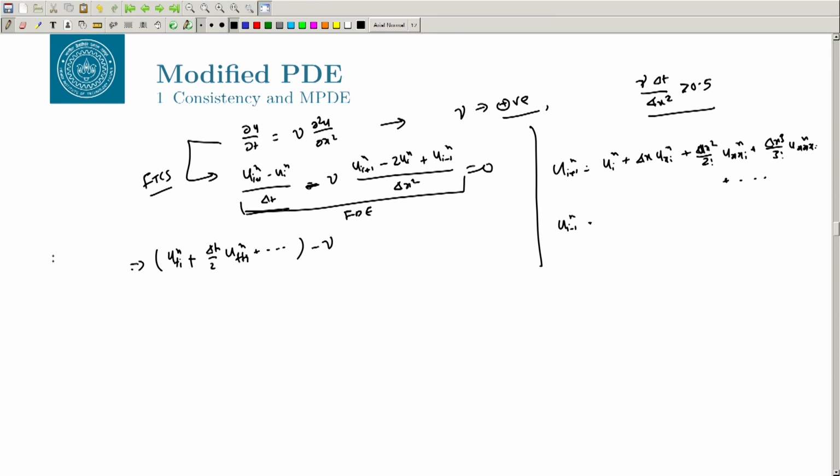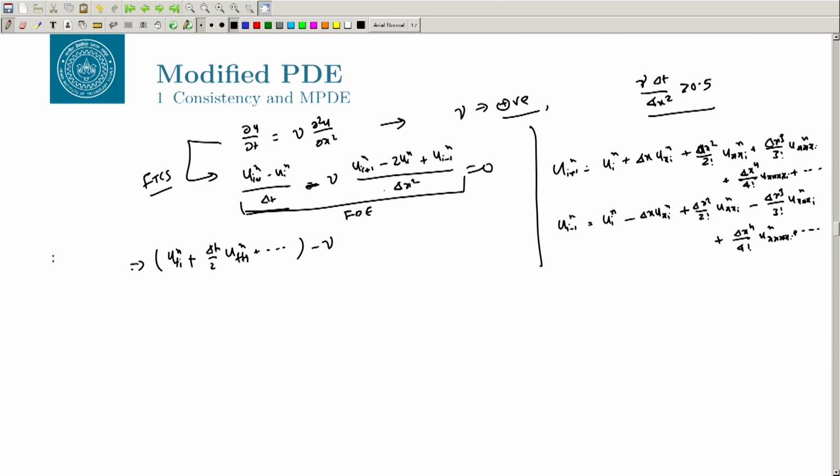And u_(i-1)^n will be u_i^n minus delta x u_x plus delta x square by factorial 2 u_xx minus delta x cube by factorial 3 u_xxx. I will write one more term, delta x to the 4 by factorial 4 times the fourth derivative.